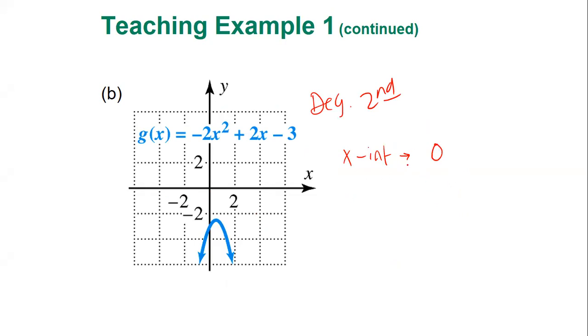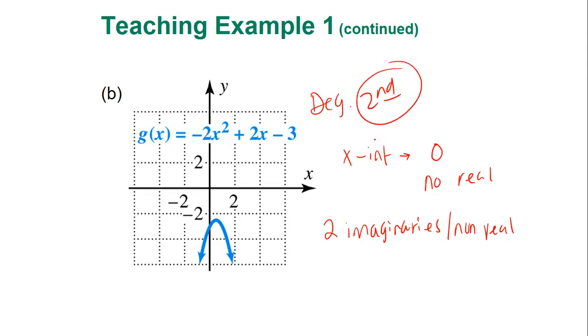So that means that it has no real solutions. However, that means that it has to have 2 imaginary or non-real solutions. Does that make sense? Because these two need to equal the degree. Okay.